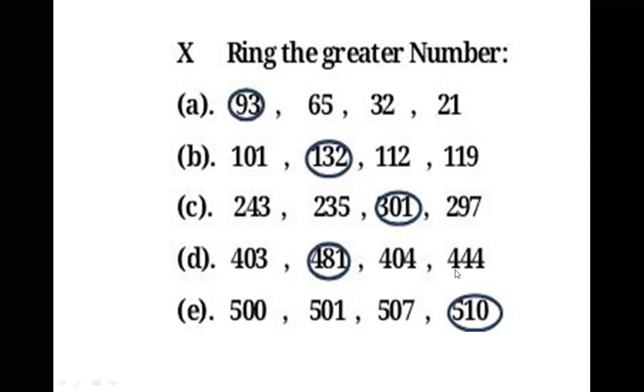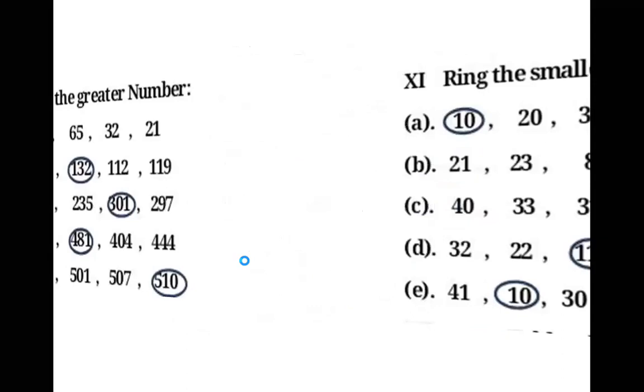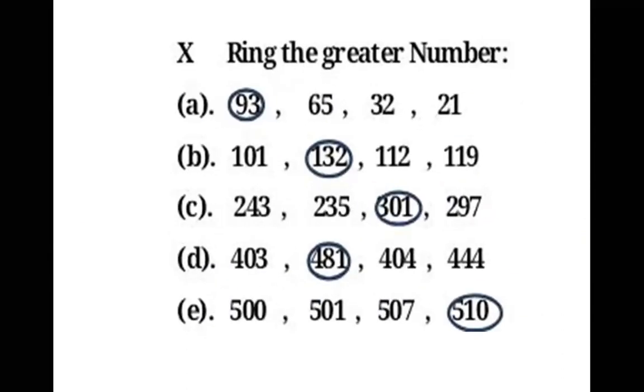So what must we do? Check the second digit. Here 0, here 8, here 0, here 4. Two numbers have 0, one number has 8, another has 4. Among 8 and 4, which is bigger? Automatically 8 is bigger. So you have to circle 481.